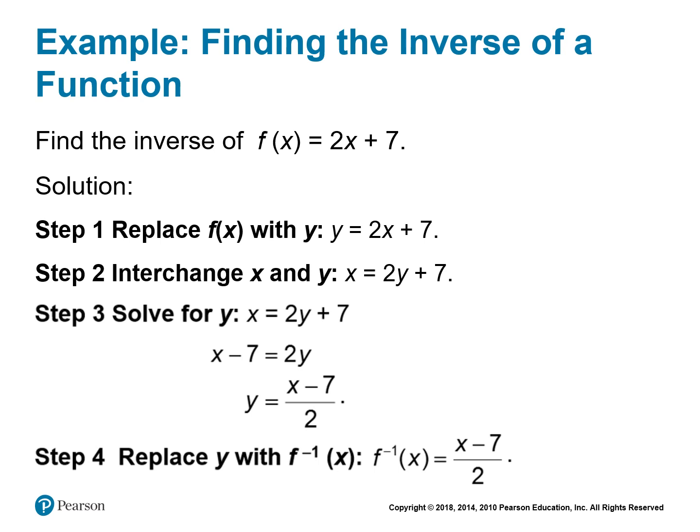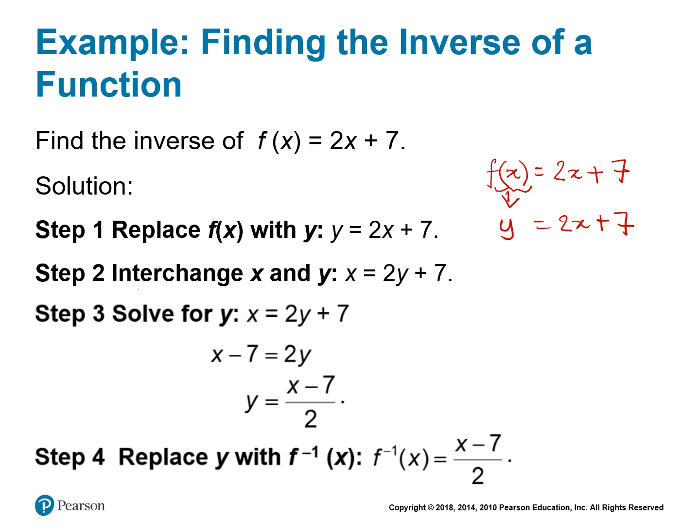So we start with f of x equals 2x plus 7. The first step says replace f of x with y. So I'm going to replace this entire f of x with y and rewrite the equation, the function. All right, so very straightforward. There's no mathematics involved here, all you do is replace f of x with y.